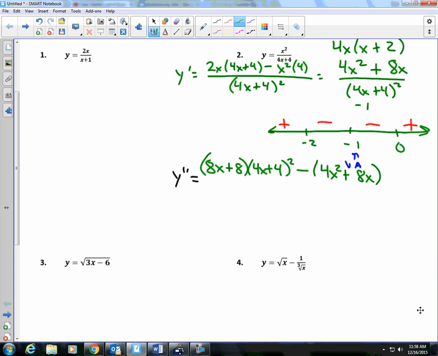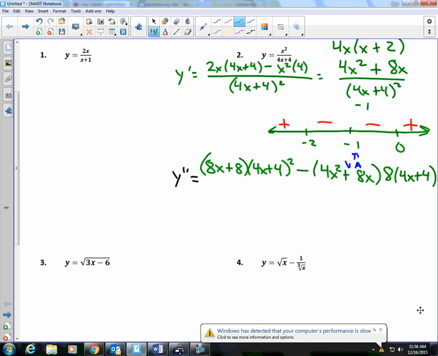How do I take the derivative of the bottom? Chain rule. Let's do the chain rule. What's the derivative of the inside? 4. Derivative of the outside? 2u to the first. So I will have 8 times u, 4x plus 4 to the first, all over what?